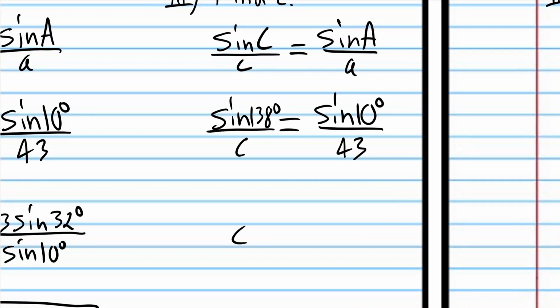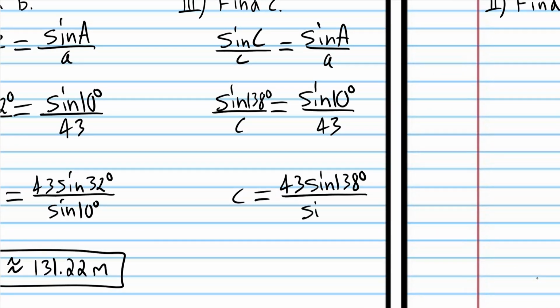So if we do the algebra, we get 43 times sine 138 over sine 10 degrees, and using our calculator, 43 times sine 138, enter, divided by sine 10, enter, is 165.69 meters.